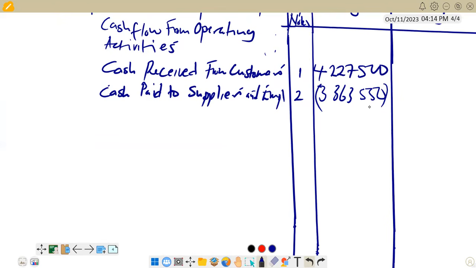So we now add these ones. We've got 4,227,500 as our cash received.